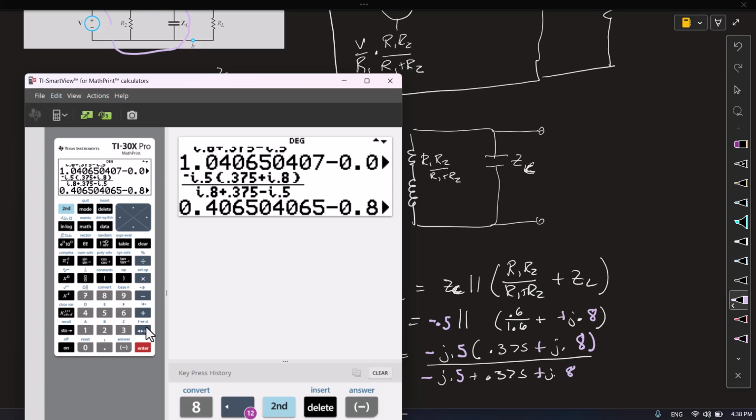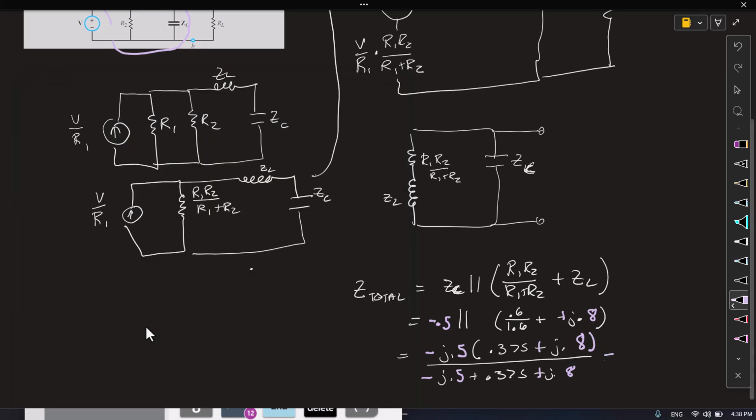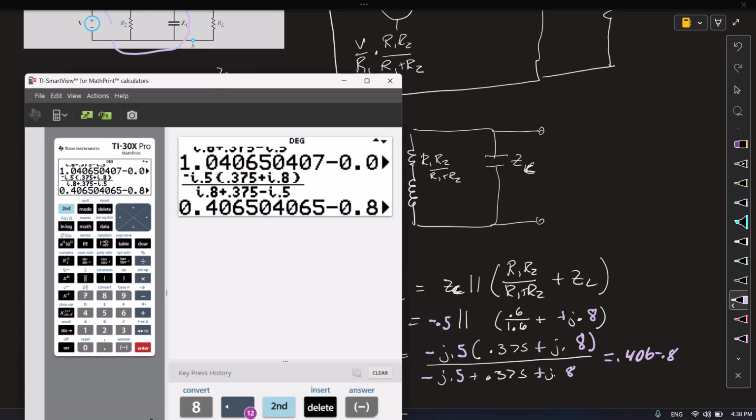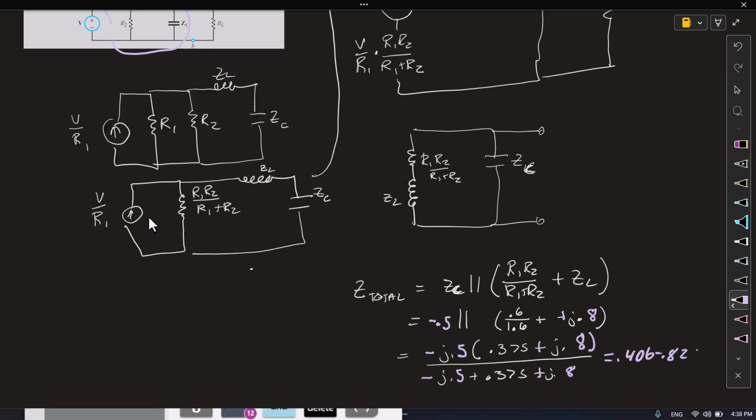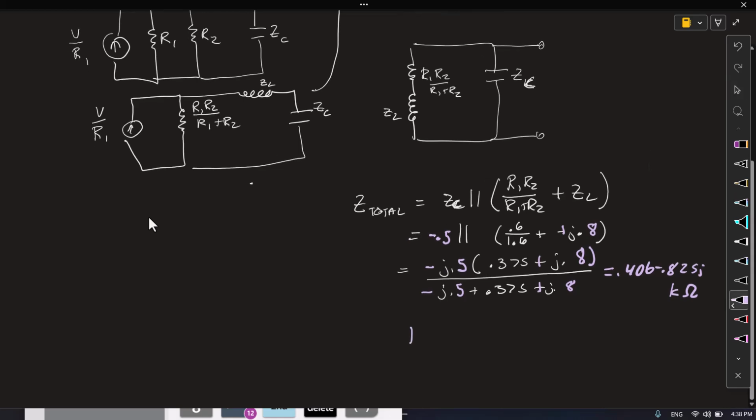Okay, so this gets us a total impedance of 0.406 minus j0.825. And that's in kiloohms. So in ohms, it's 406 minus j825 ohms, my total Thevenin impedance.